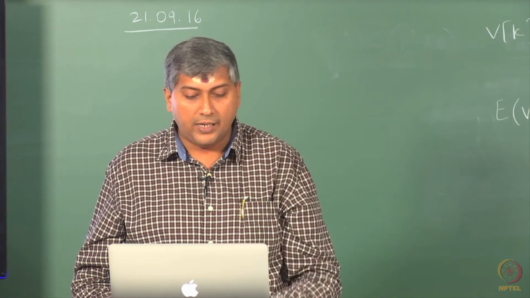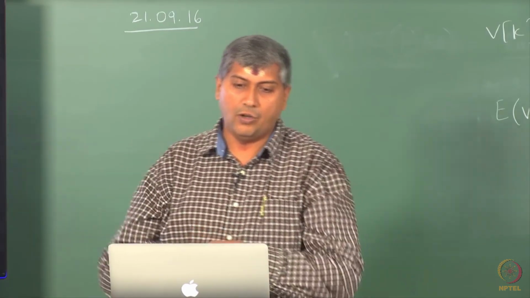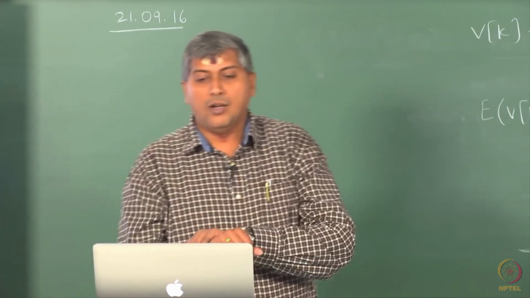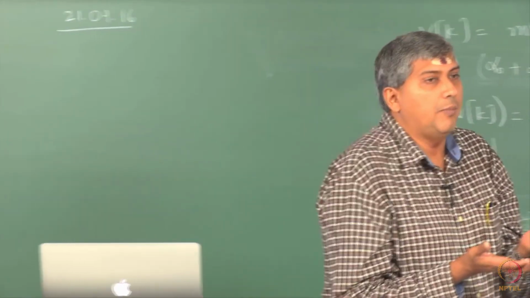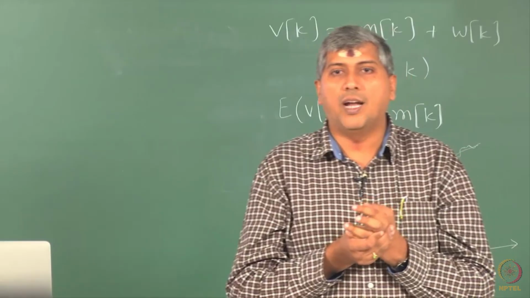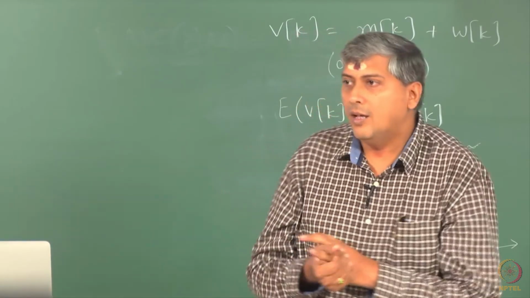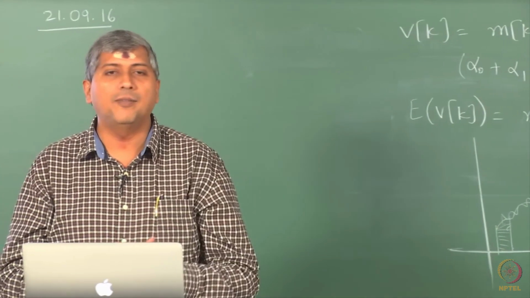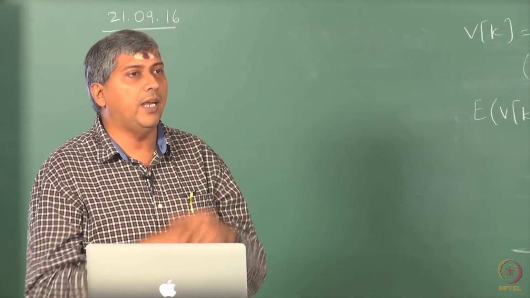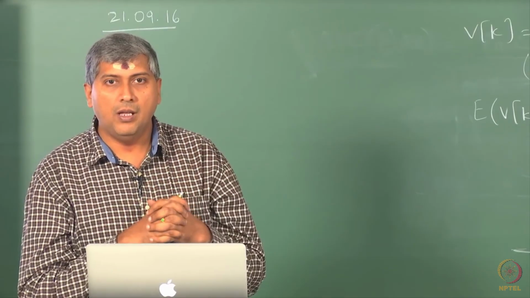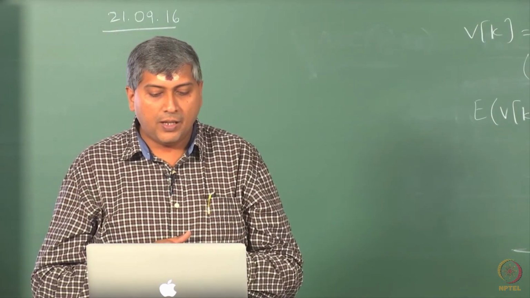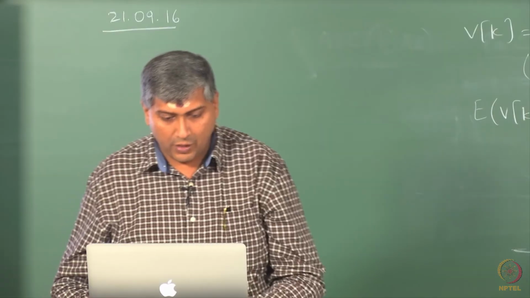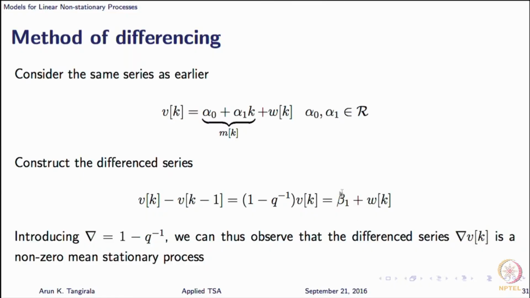But let us get done with this non-stationarity business. Now, the other approach of course, as I have said, is a method of differencing, which we also use in handling integrating effects. But in the method of differencing, the difference is that we do not necessarily estimate alpha naught and alpha 1. We just difference the series and then we find that the differenced series is stationary if the original one has a linear trend, but with non-zero mean.